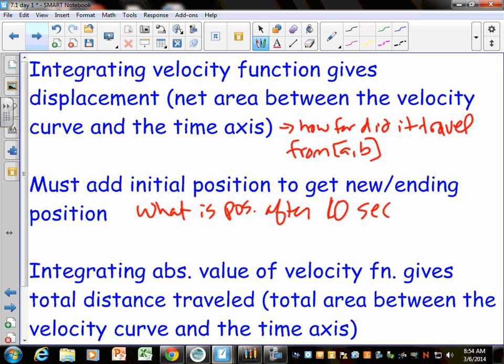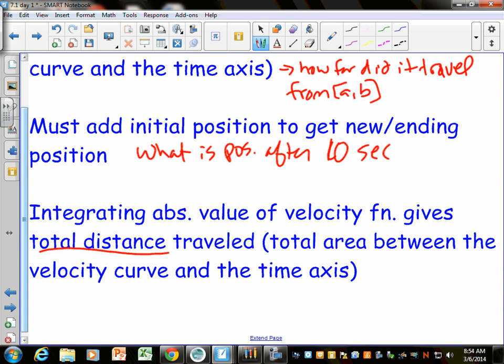And then when they ask you for total distance, you just have to remember to take the absolute value. There was a question, I think it was the year before, because last year I was on maternity leave. The year before on the free response, part B of one of the questions was find the total distance traveled.